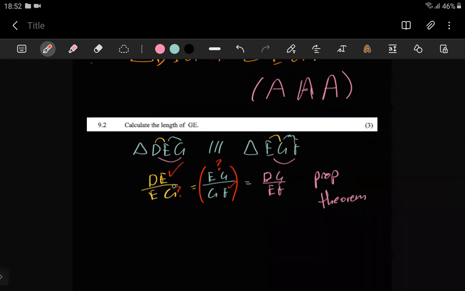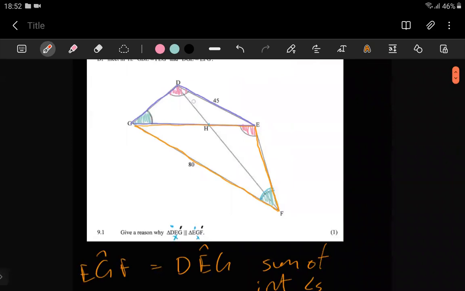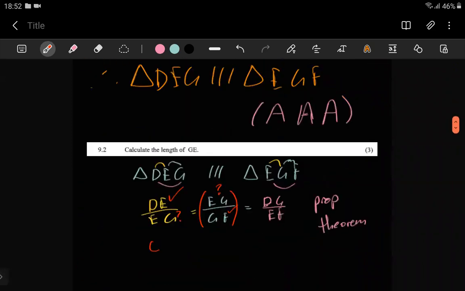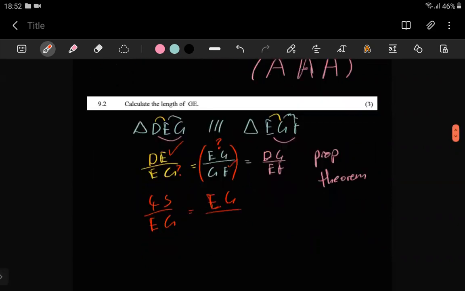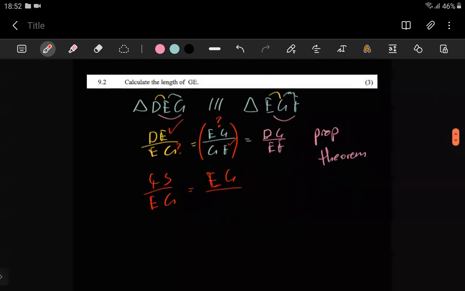It looks as though these two are what we can use to answer our question. So in the next line where the DE is, we can just drop the 45. EG is what's missing. And then here we have GF, which is 80.